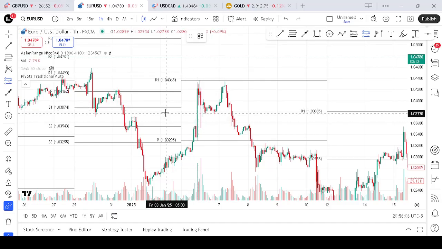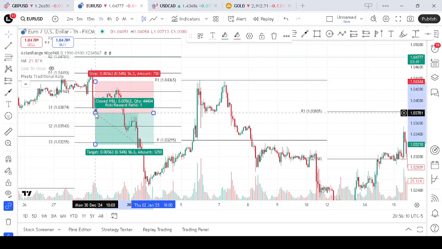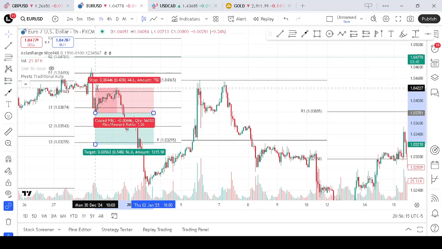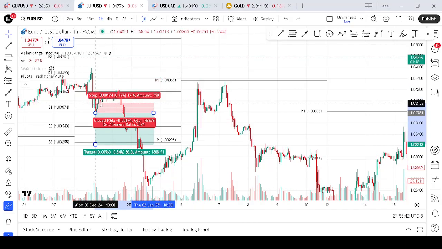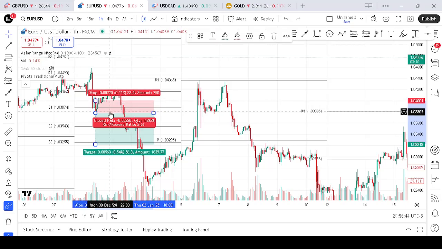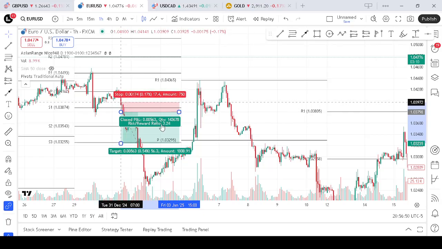In terms of a selling trade, when you enter with strong conviction, you put your stop loss above the broken pivot area. Put it here. Let's say price broke it here with conviction, put it above this area.